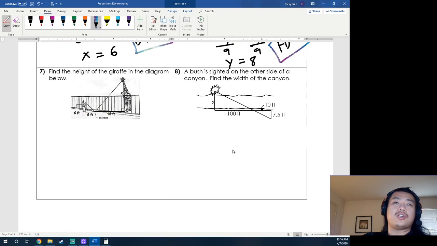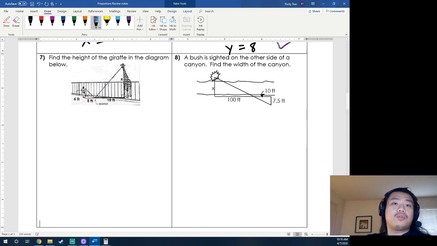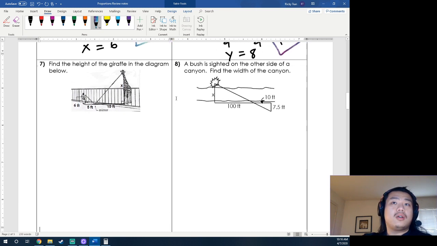Let's check here. This time we're given a picture, and we are to try and find out what is the height of the giraffe in this diagram. Let me just increase this. Just going to add more to our length.